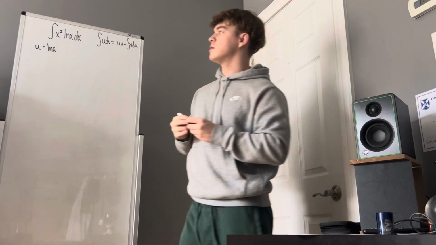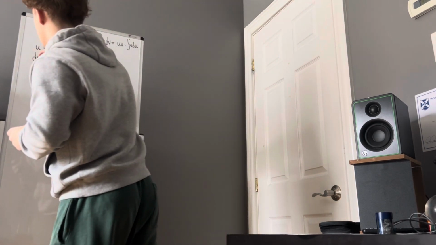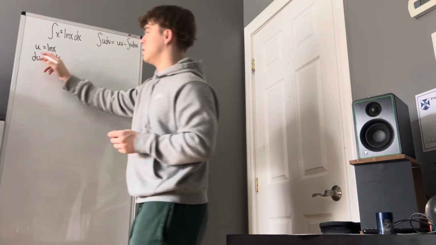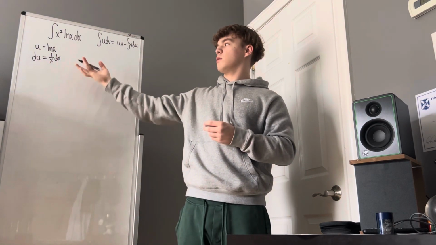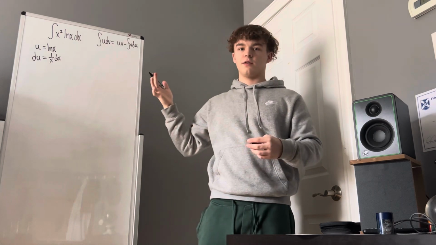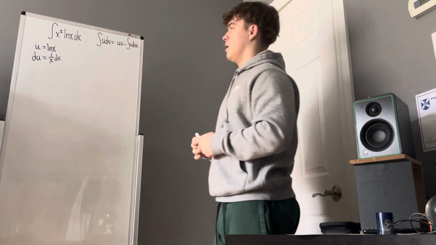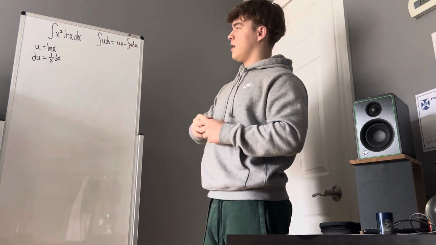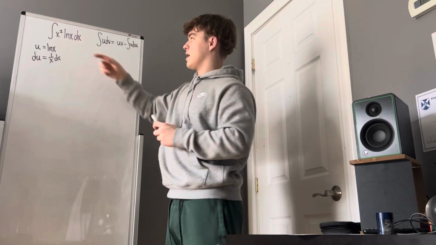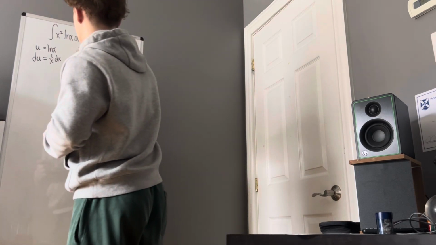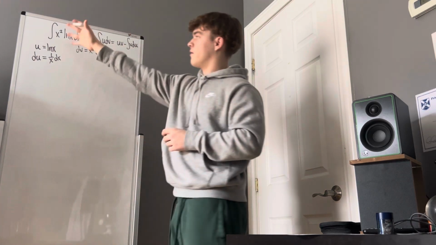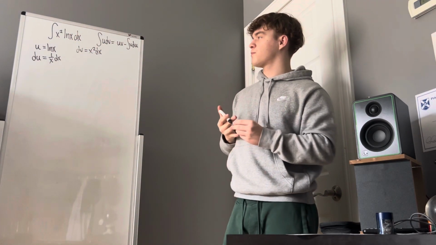Let's derive this. du equals 1 over x dx, because du over dx is 1 over x. Bring the dx over. This is what we call the differential. And then our dv is going to be x squared dx. So now we have every term accounted for.